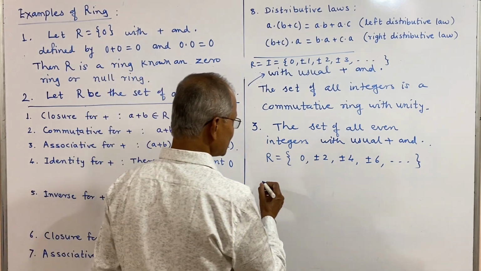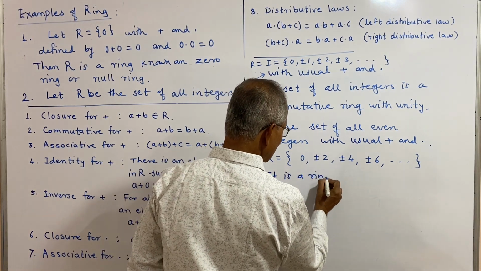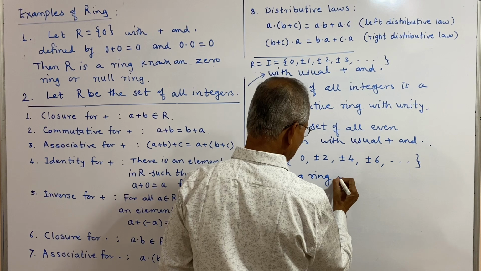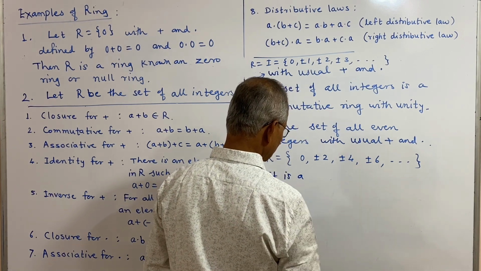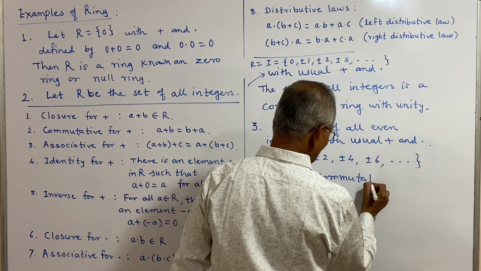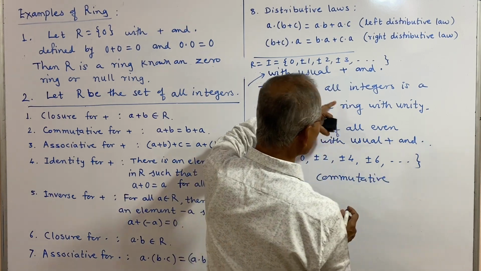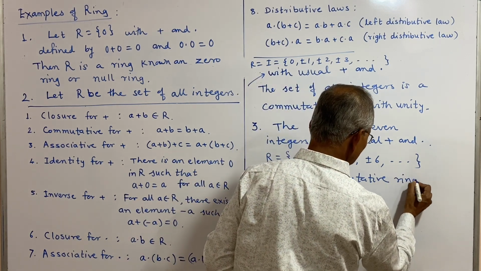So R is a ring, or a commutative ring without unity. So the above example is a commutative ring with unity, and this is a commutative ring without unity.